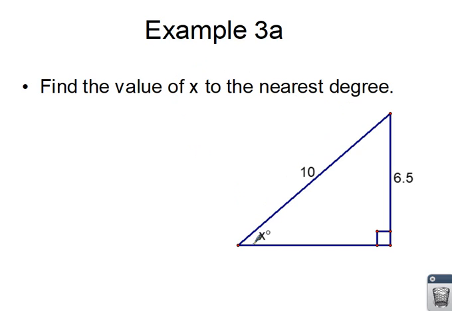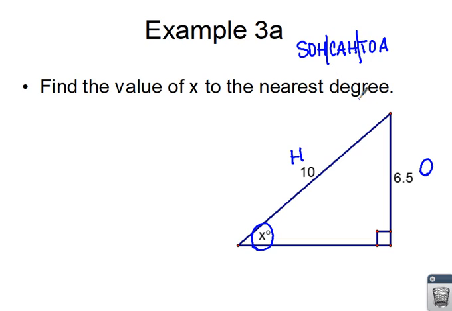Alright, find the value of x. Now here, I don't have all three sides. So I have to kind of work with what I've given unless I want to find the third side and then work through everything. So from the x, 6.5 is the opposite and 10 is the hypotenuse. So then we look at SOHCAHTOA. I told you you'll write it on your paper a million times. And we look at this and we say we have an opposite and a hypotenuse.